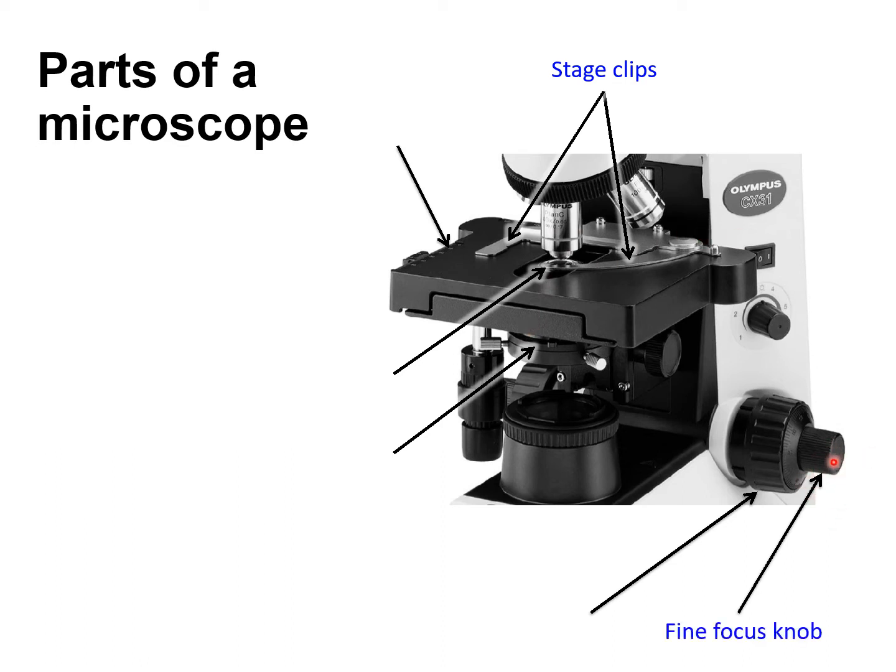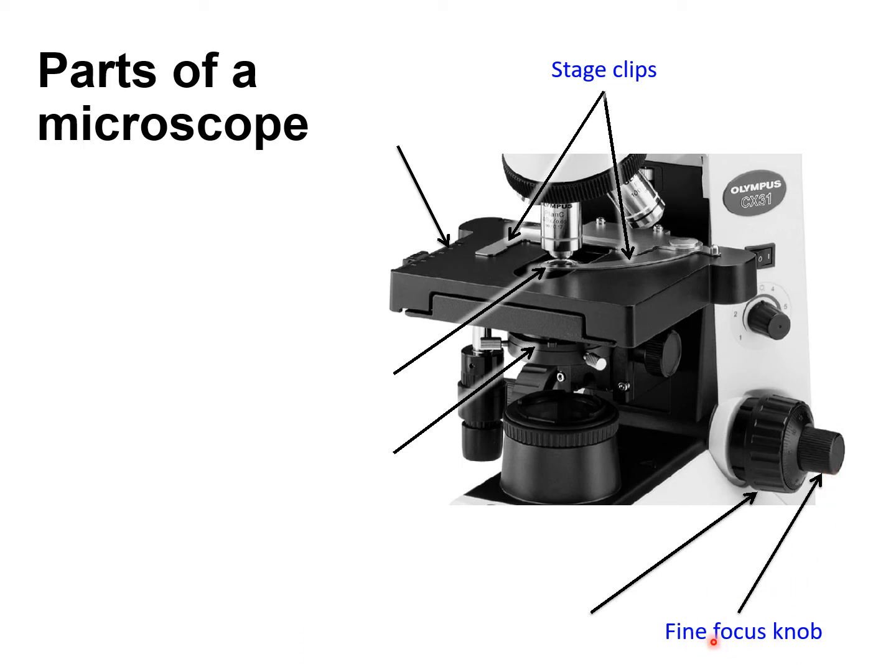You have the fine focus knob right here, and the fine focus knob is used to basically fine focus your image so that it's not blurry. So you go ahead and use the fine focus knob. Now the fine focus knob, you can use it with any of your lenses.